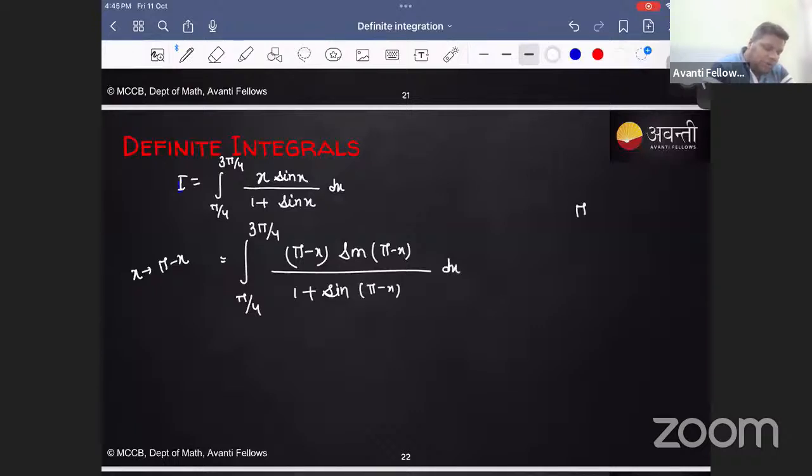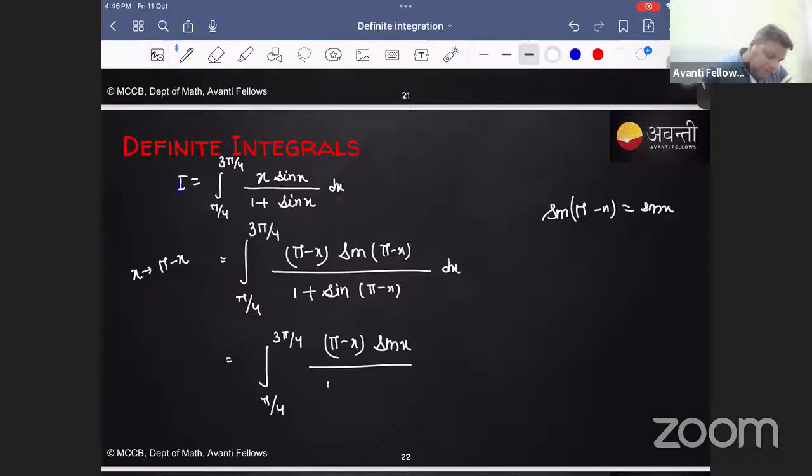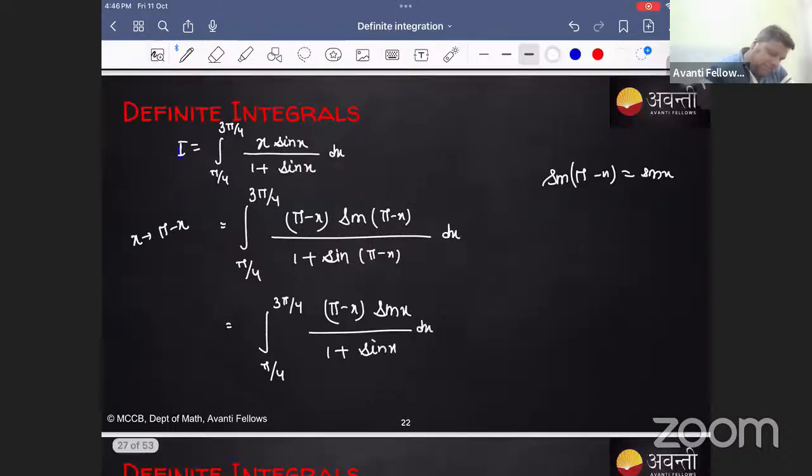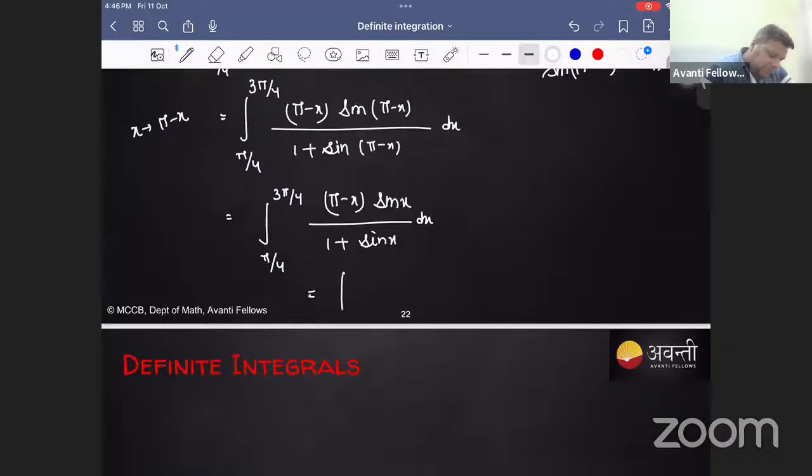Now we all know that sin pi minus x is simply sin x. So it will become pi by 4 to 3 pi by 4 pi minus x sin x upon 1 plus sin x dx. Correct? So it is pi by 4 to 3 pi by 4.